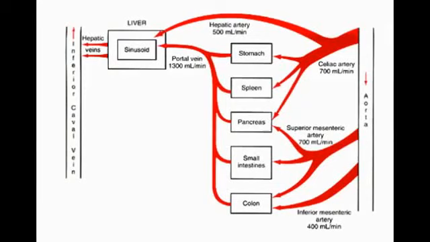So the blood supply to the liver is from two parts of our circulatory system, from the vein and from the artery. This is important to know because it supplies nutrient materials to the liver, and on the other hand supplies oxygen to the liver.